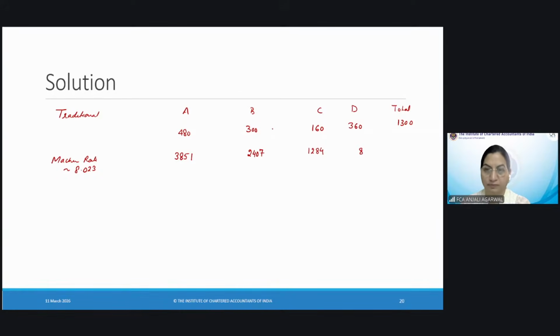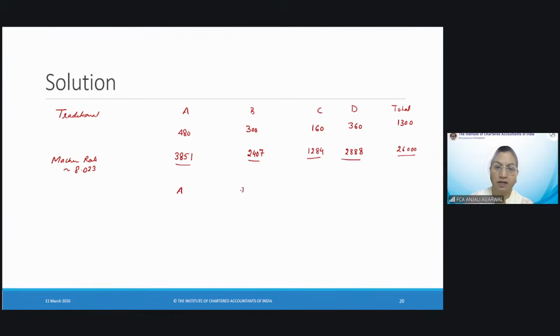So this one was coming out to 2888.3. I will ignore that 0.3. 26,000. So under the traditional method, these are the overheads absorbed by the 4 products.